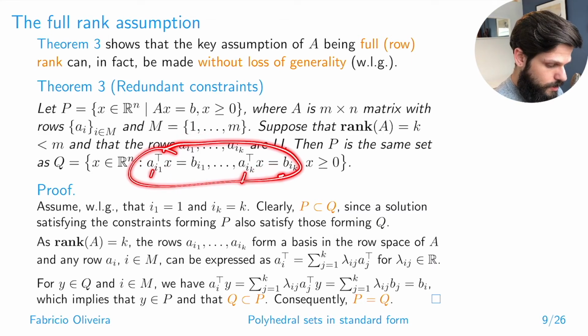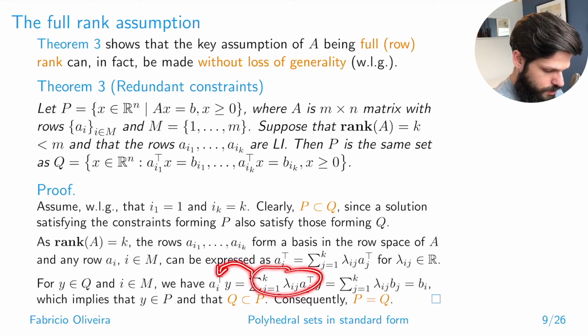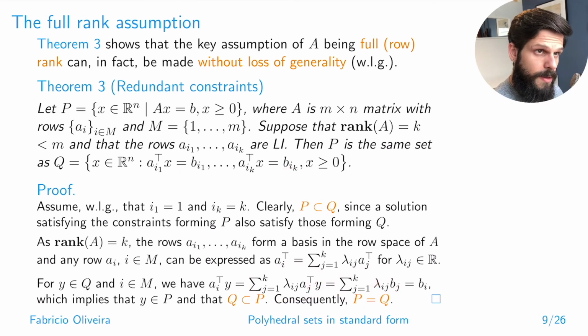So I can use those as a basis, and because of what we just saw before, I can write any of these M rows, which come from the original whole matrix, as a linear combination, right? So from this, I go to this. And I know that this will be the case as well, because that's coming from that. And likewise, I can write a combination to get me b_i.